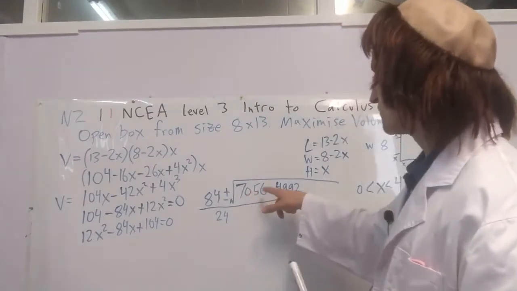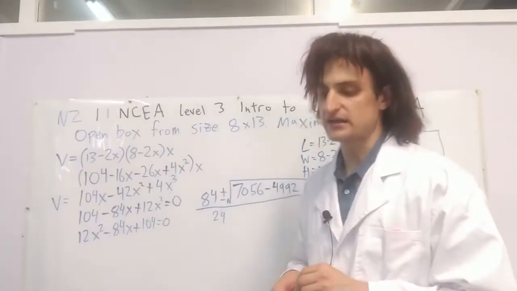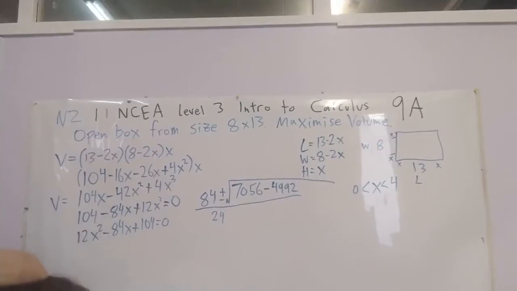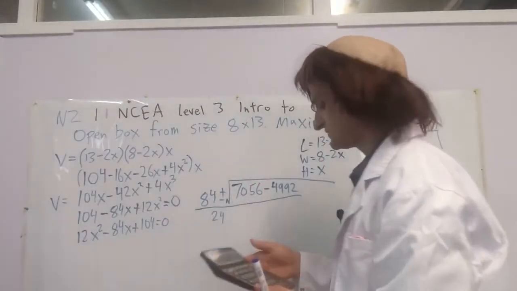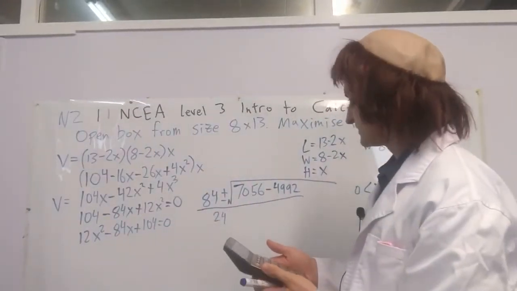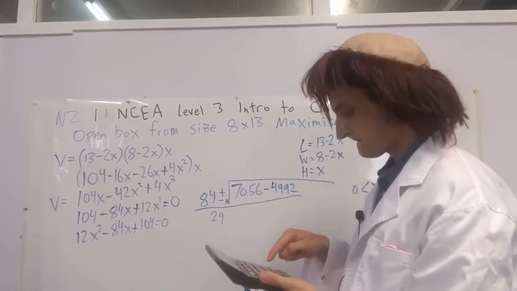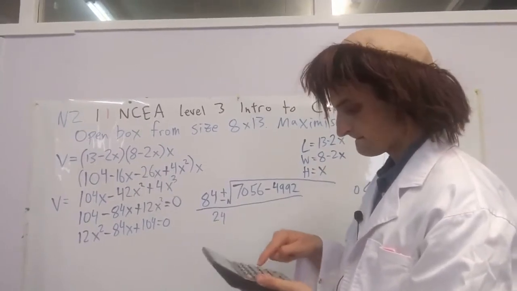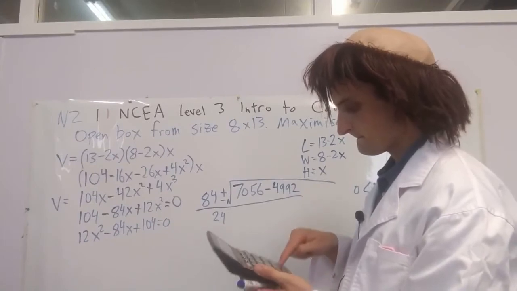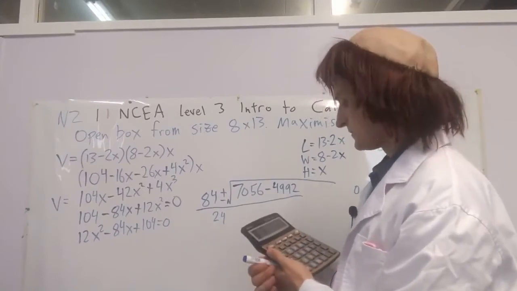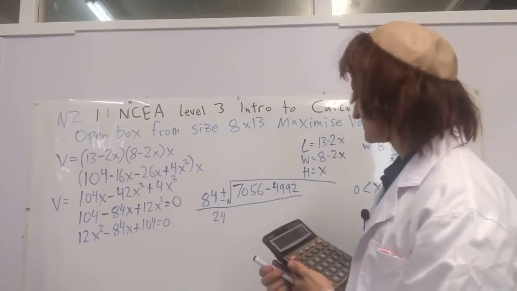Now this 7056 minus 4992, let's see, this is 2064.